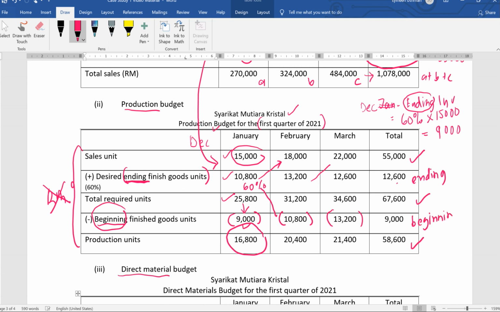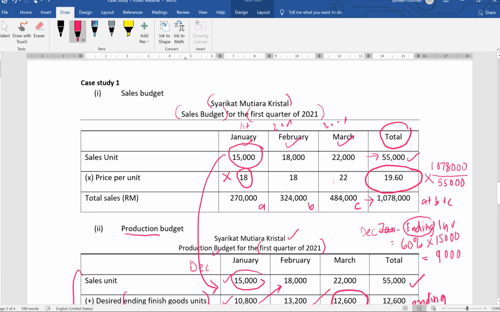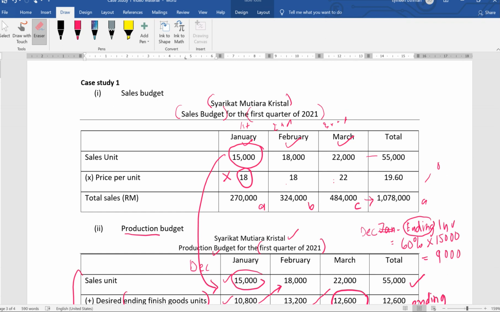So the approach is the same. For ending I take the last figure, and for beginning Madam takes the first figure in the first quarter. And for your sales budget, it is the same here. Madam will add up sales units and total sales.